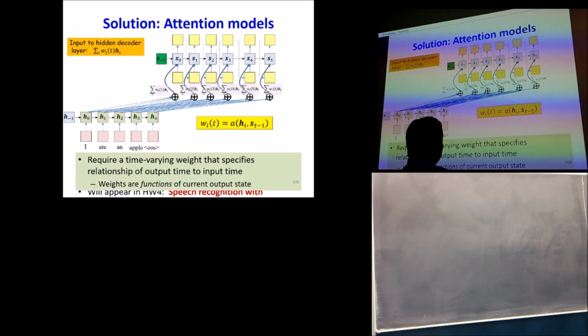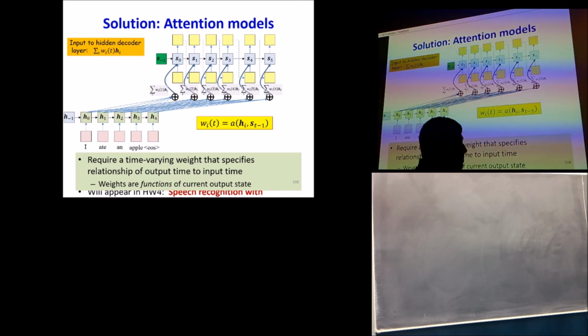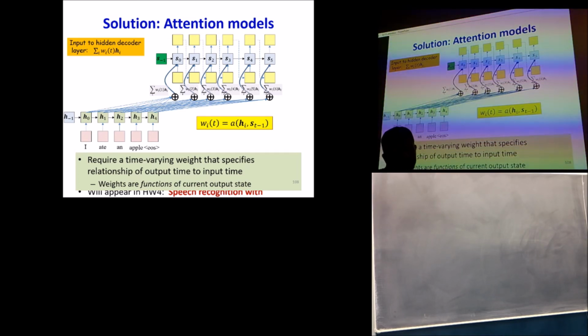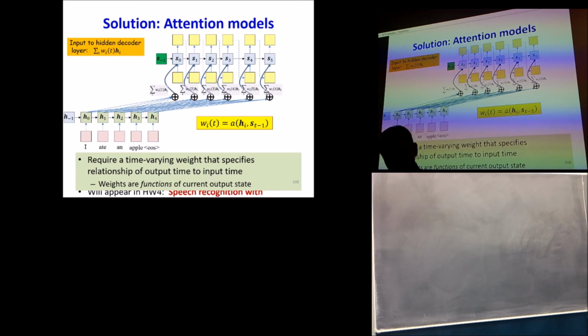Now, we have a little more that we want. We want the weights to differ by time, but not just in any arbitrary way. The weights that differ must consider the current context, what has been decoded so far, because that's what really affects what is most relevant to producing the next word.